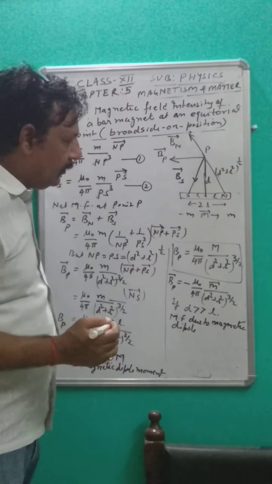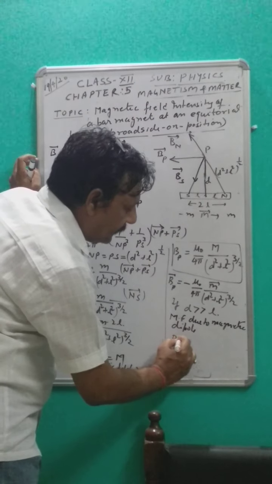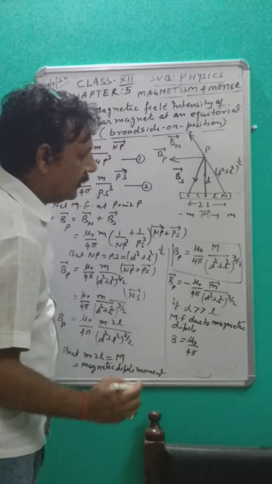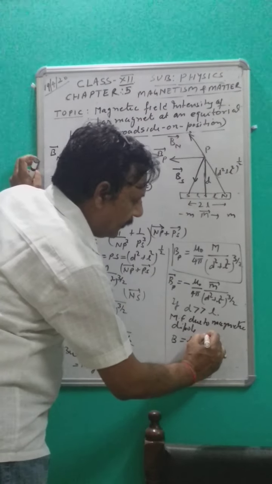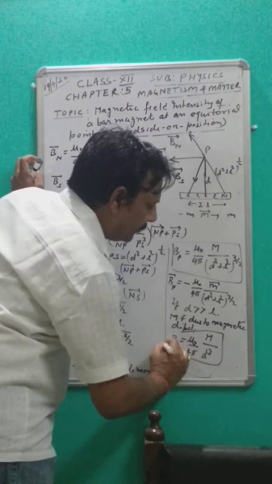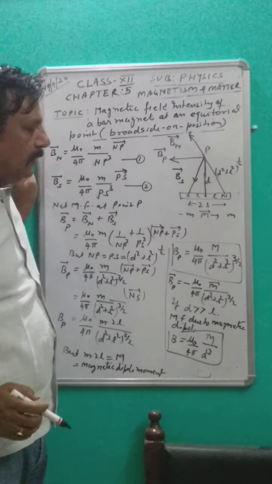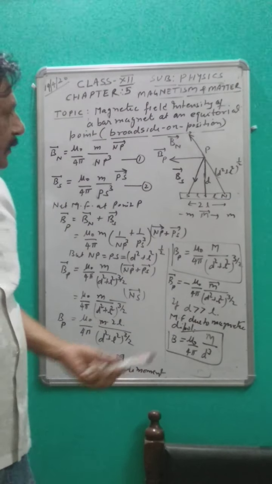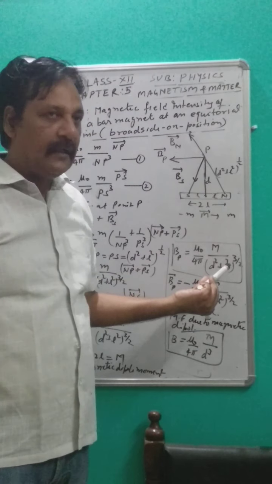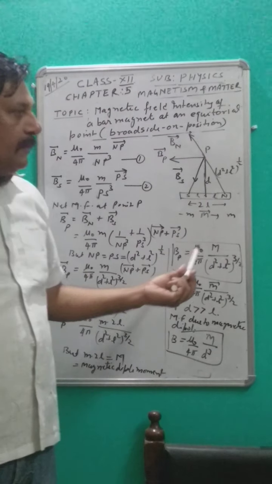So the magnetic field due to the magnetic dipole is B equal to mu naught upon 4 pi, neglecting l, M upon d cube. This is the expression for the magnetic field at any point on the equatorial line due to the bar magnet.